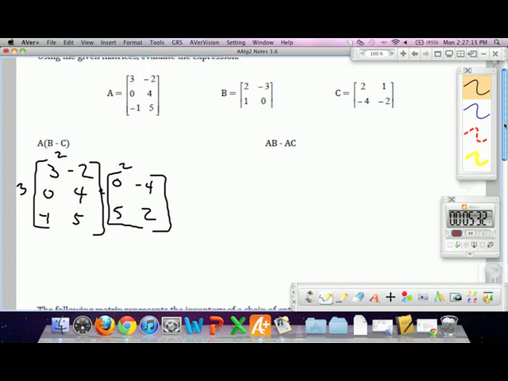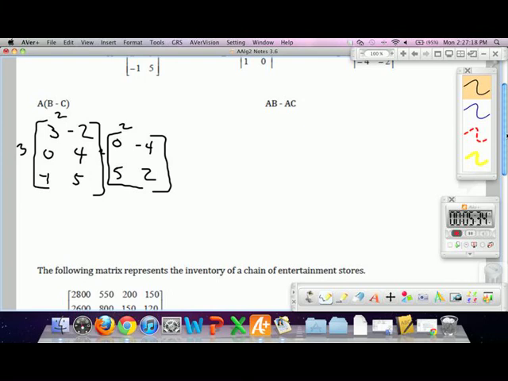This should be equal to row 1, column 1: row 1 times column 1. So 3 times 0 plus negative 2 times 5 would be row 1, column 1. Row 1, column 2 would be 3 times negative 4 plus negative 2 times 2, negative 4.